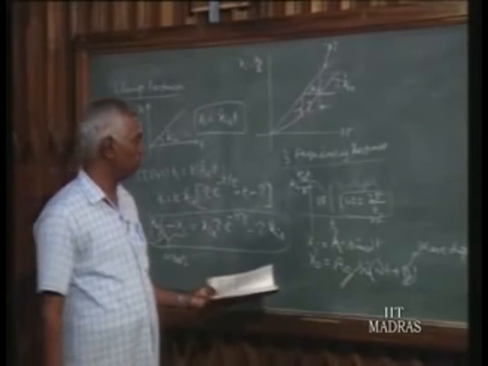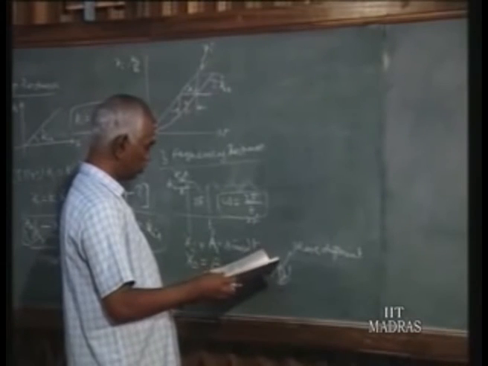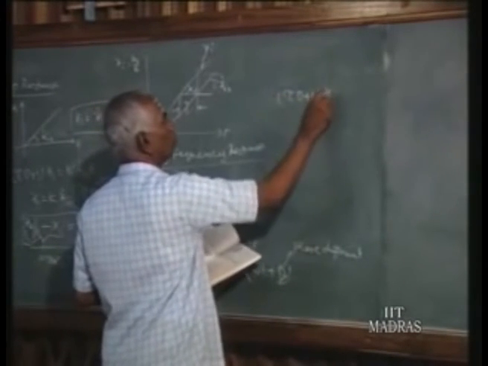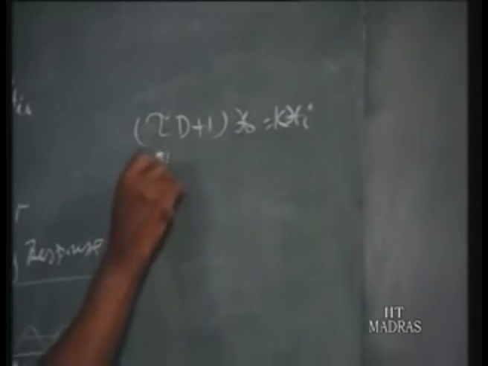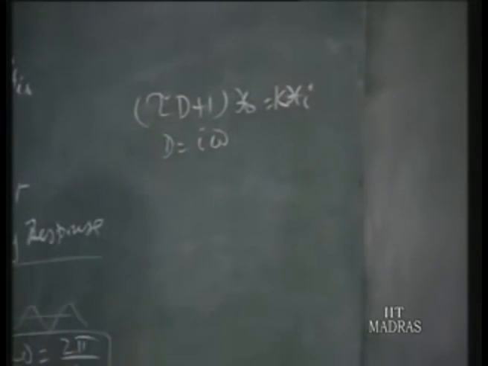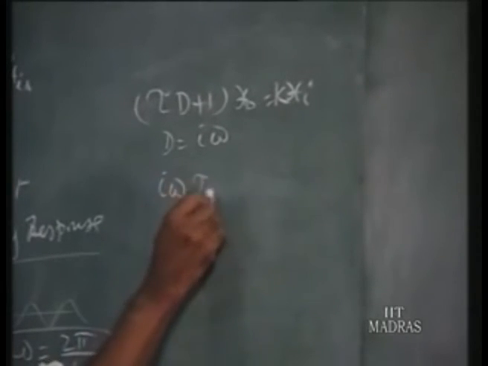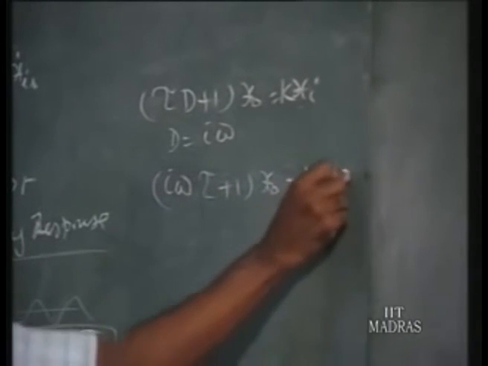For that, we go back to our first order instrument equation, that is (tau D plus 1) xo equal to k times xi. Now, one standard procedure is to write D equal to i omega. Then (i omega tau plus 1) xo is equal to k times xi.